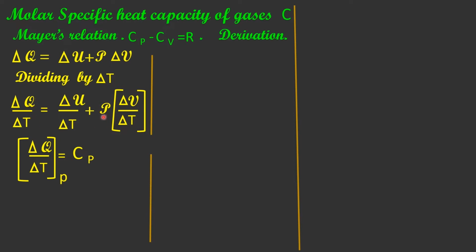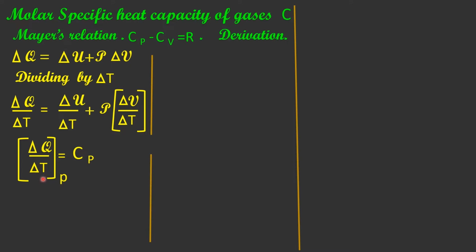At constant pressure, here pressure is constant, volume alone is changing. So that becomes delta Q by delta T at constant pressure, which is equal to molar specific heat capacity at constant pressure, that is Cp. You may recall the definition.